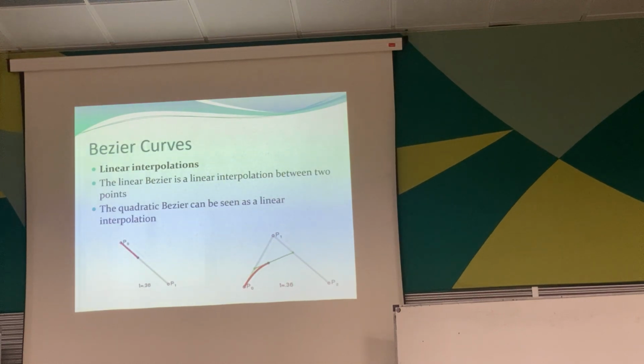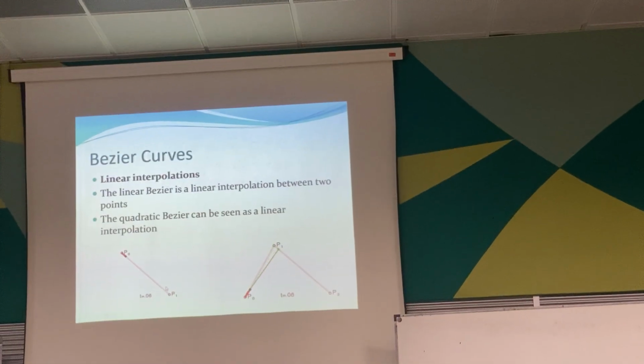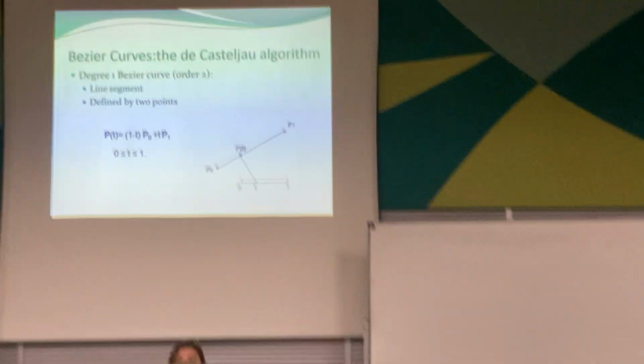So we start with linear interpolation, from point 0 to point 1, only 2 points. Very simple. Between the 2 points, just do linear interpolation. Quadratics also use linear interpolation, first between P0 and P1.